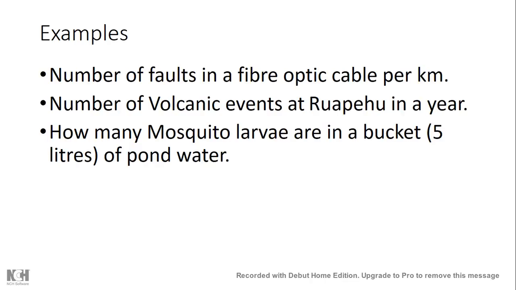So yeah, that's fine. That's continuous. How many mosquitoes? Well, you're not going to get half a mosquito. Well, not a live one anyway. So therefore, it's discrete per continuous. Now notice it's are in a bucket, but we could say how many mosquitoes per 5 litres of pond water. Absolutely, definitely something that we'd be thinking of as a potential Poisson distribution.